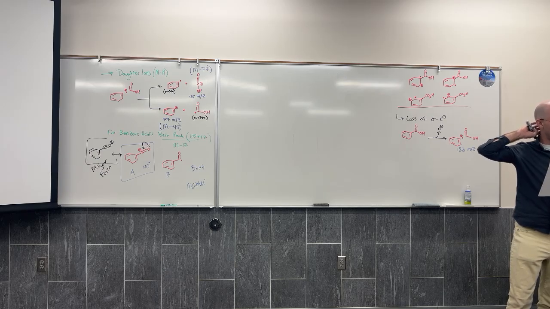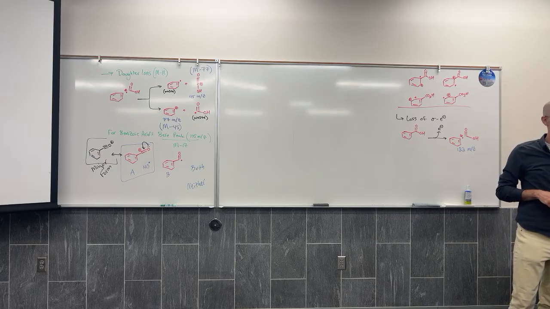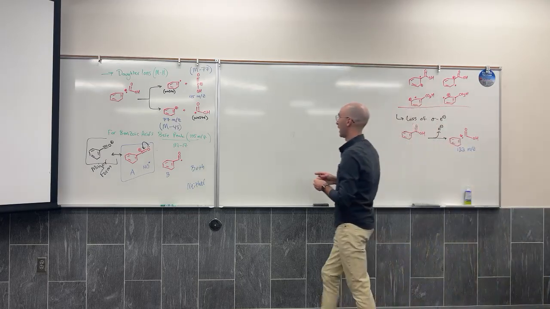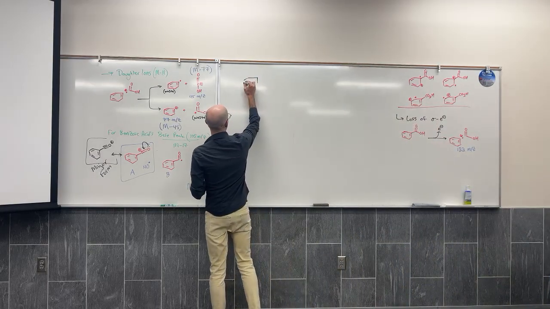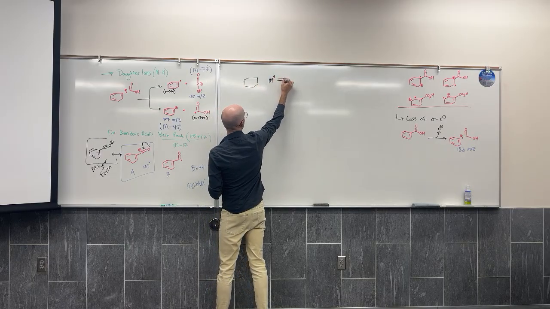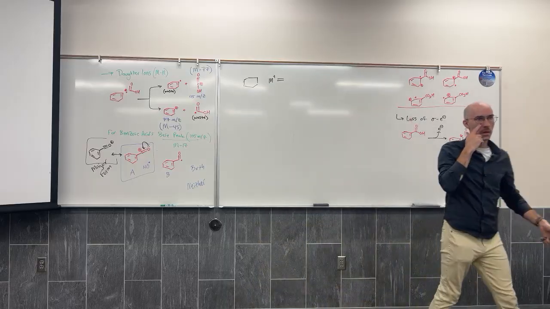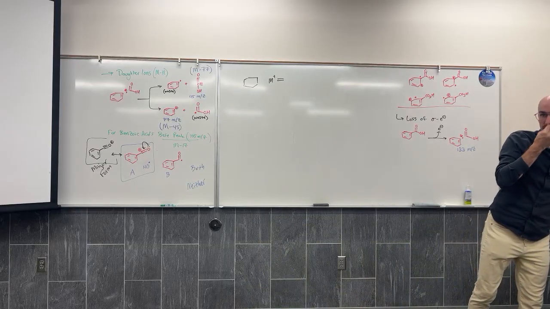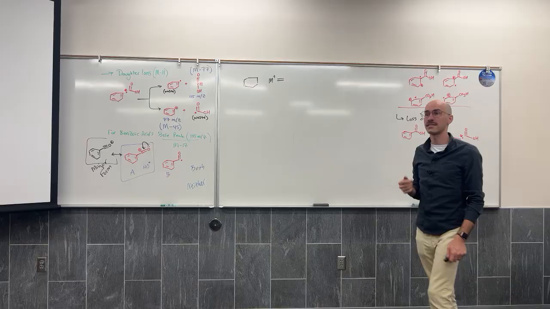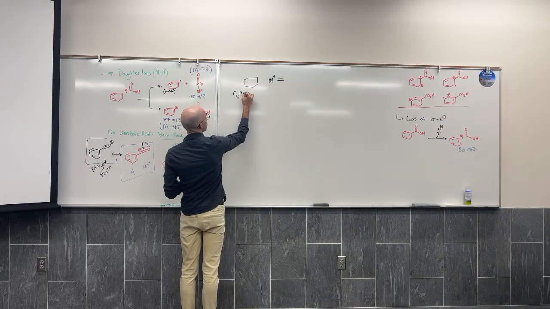That's a mass of 84, and we can see that it has the molecular ion signal at 84. Can you draw me a molecular ion structure? How do we know which one is the molecular ion again? It's the mass of the molecule. Oh, and we have the molecule. I didn't see that. That's true.